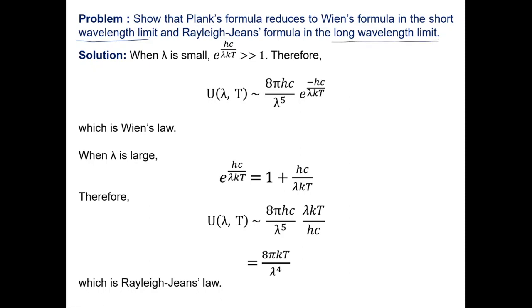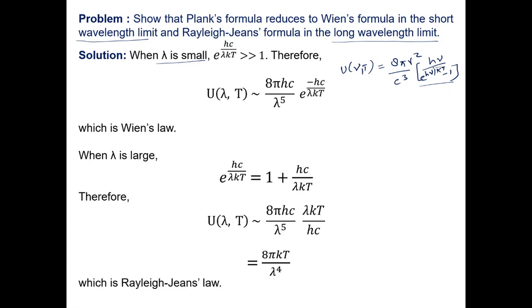So short wavelength means we are talking about lambda being small, and if lambda is small, you remember that the Planck's formula was u(nu) equals 8 pi nu square by c cube, and then we had h nu divided by e to the power h nu by kT minus 1. So if lambda is small, we know the bottom part can be seen as this.